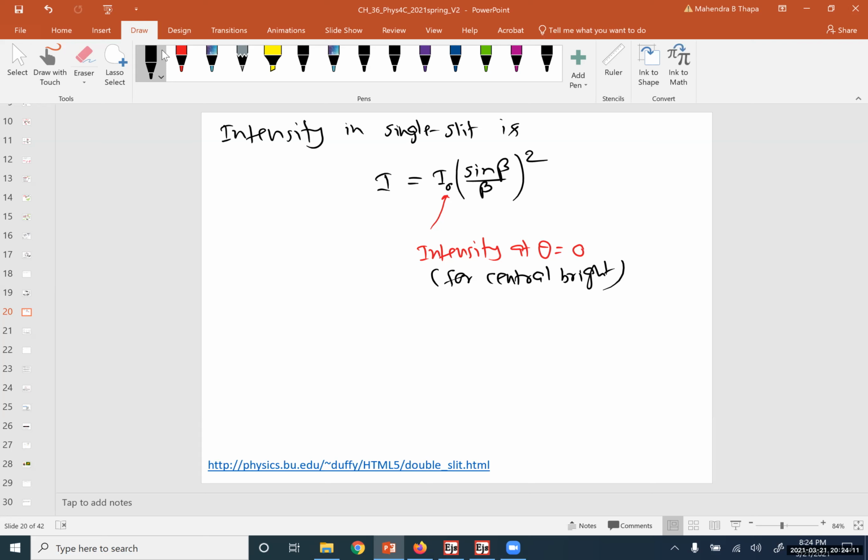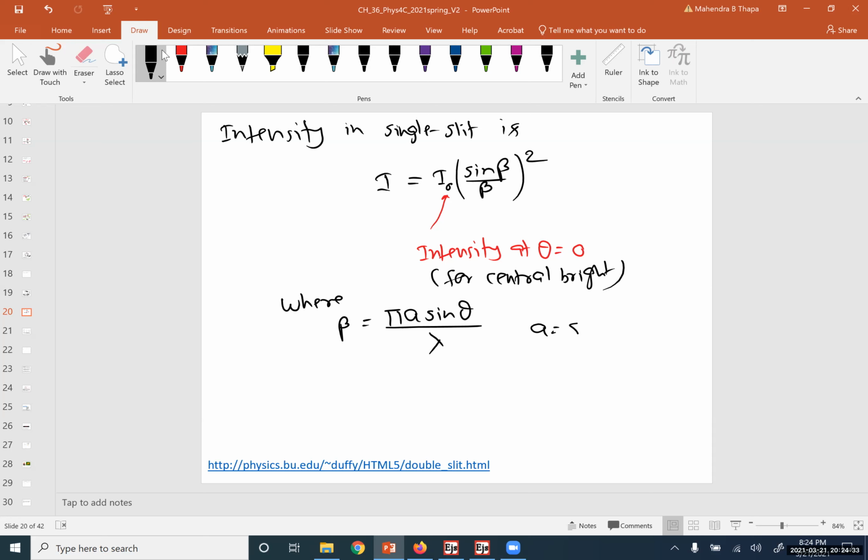Here we defined the term beta, where beta is pi times A times sine theta over lambda. So we just defined this variable, beta.